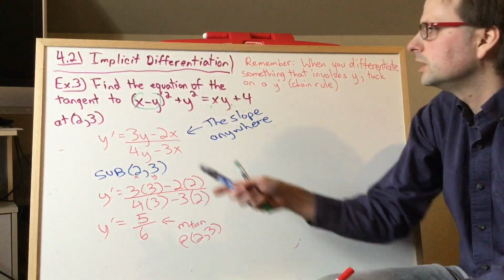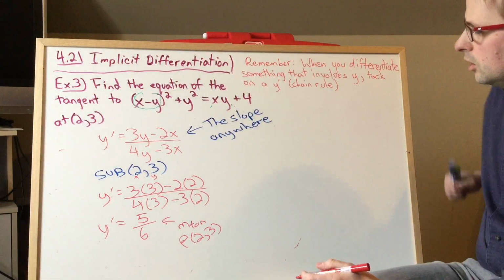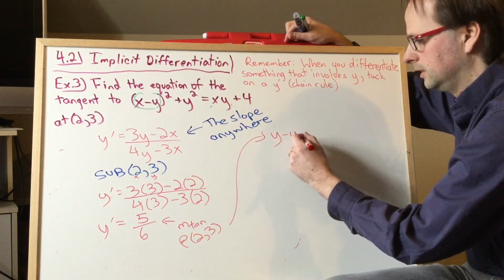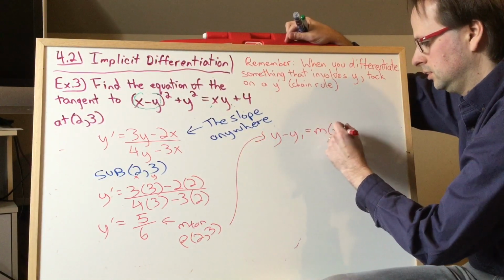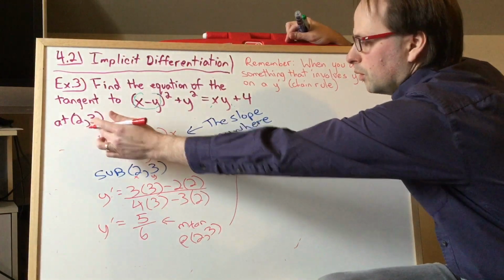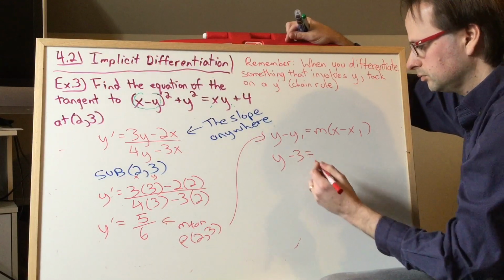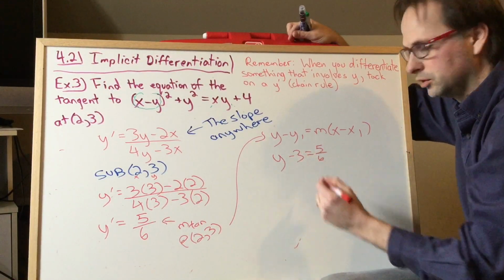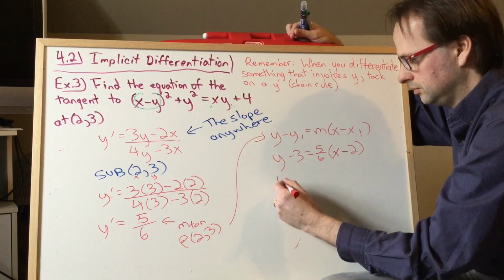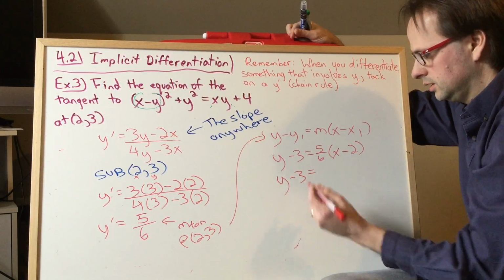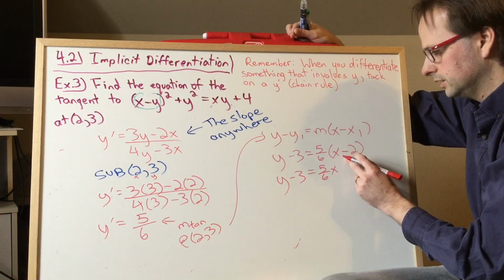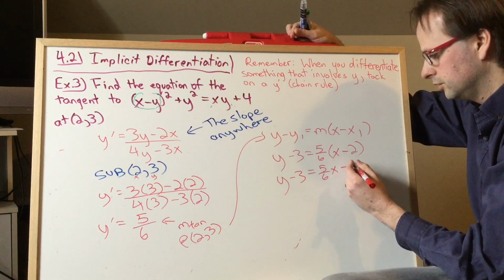Are we done? Let's see. Find the equation of the tangent. Oh my. So we've actually got to find now the equation of this line. So y minus, there's our y1, y minus 3 equals slope, which we now know to be 5/6, x minus 2, and we can just rearrange. 5/6 x minus, let's see, this will be 10/6, or 5/3.